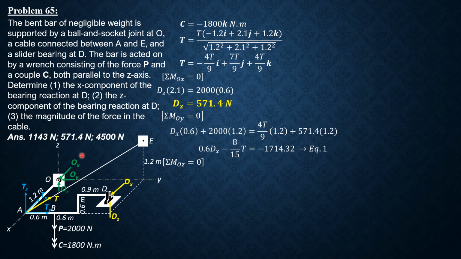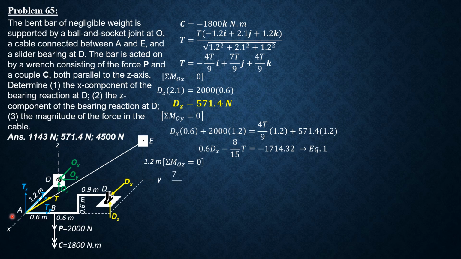So therefore, Ty is positive, Tx is not involved, it passes through OZ. Tz is parallel, so only Ty is involved for the component of tension, and that is positive, Ty, which is 70 over 9 times 1.2. Then this is negative 1800, this is involved. Then equals dx times 2.1.